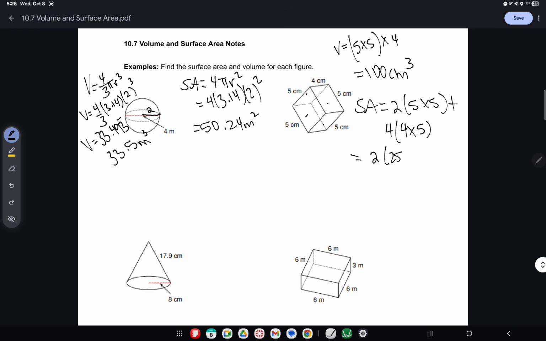So 2 times 25 plus 4 times 20. So 50 plus 80. And that'll give me 130 centimeters cubed, or squared.